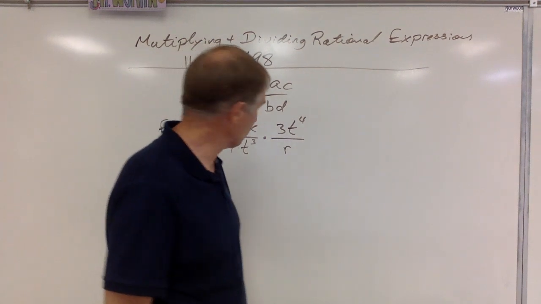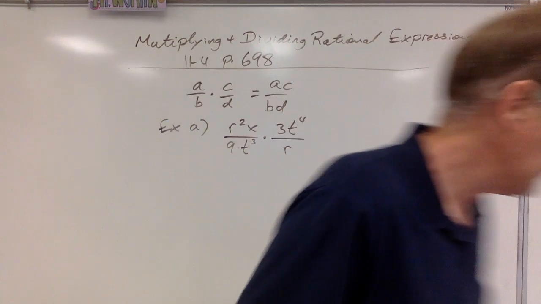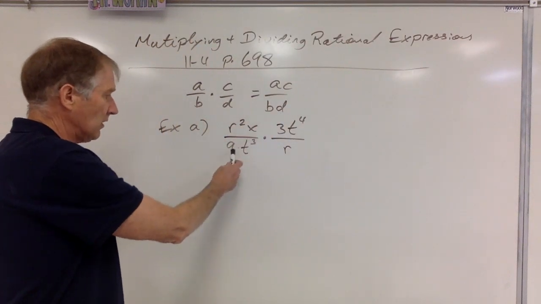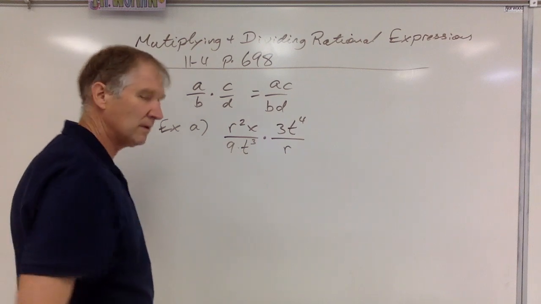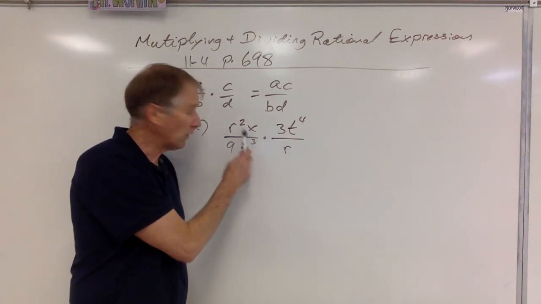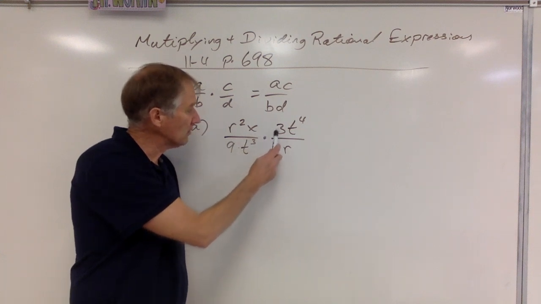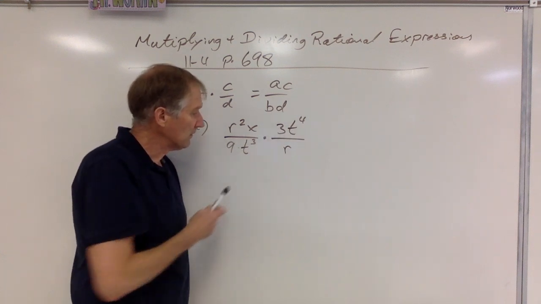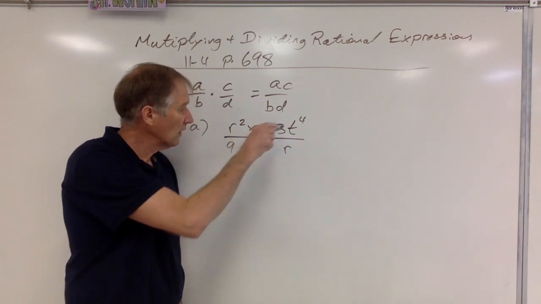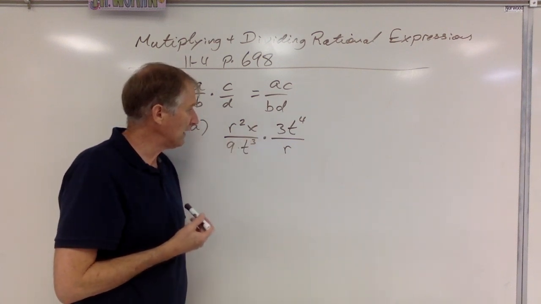So here we go. We have r squared times x all over 9t cubed. That's one fraction. The other fraction is 3t to the fourth divided by r. So let's multiply anything we can.